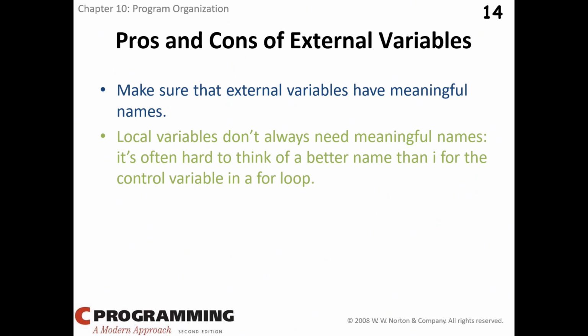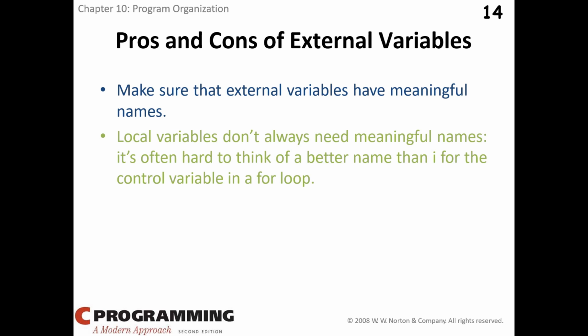When using external variables, it's crucial to give them names that accurately reflect their purpose or function within the program. Meaningful names make the code easier to understand and maintain, as they provide clarity about the role of each variable. In contrast, local variables, which are declared within a specific function and have limited scope, may not always require such descriptive names.